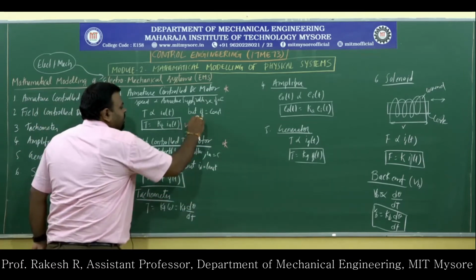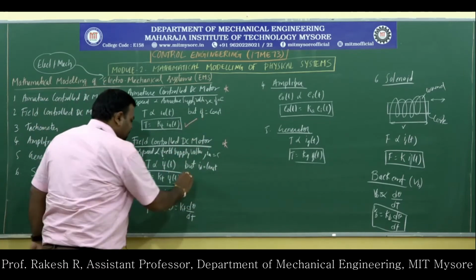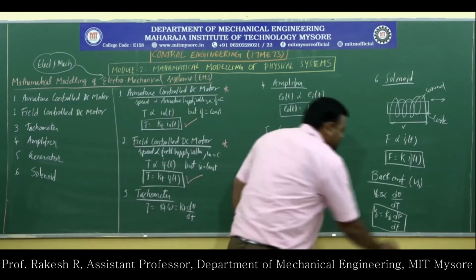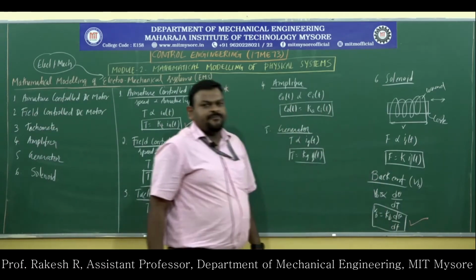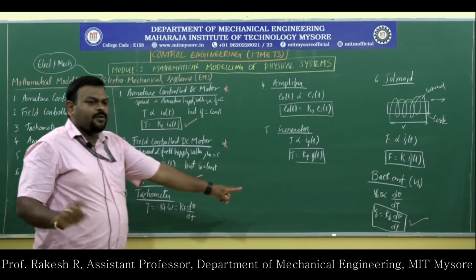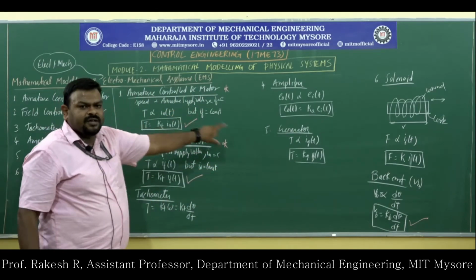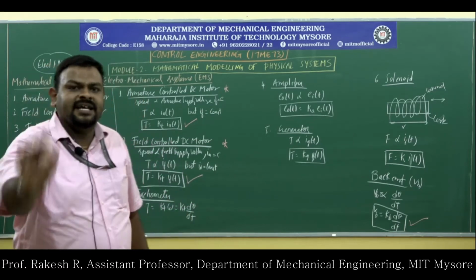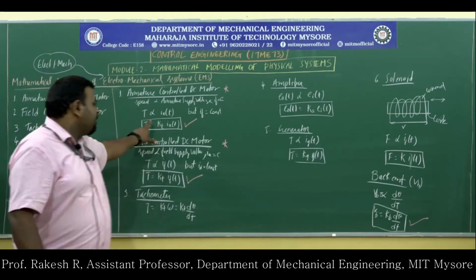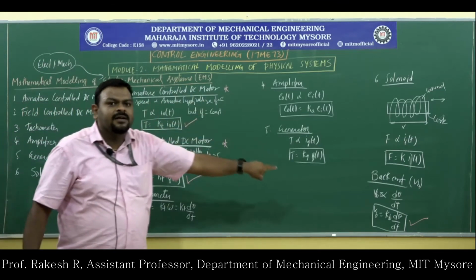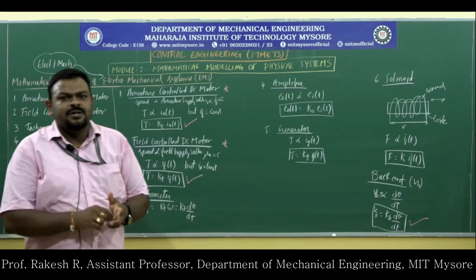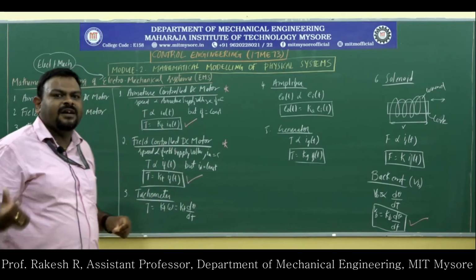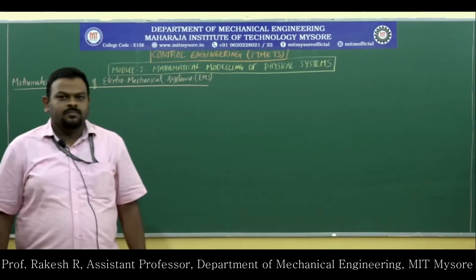You have to remember the torque for the armature controlled DC motor, the torque for the field controlled DC motor, and the back EMF, because the back EMF derivation will be included in the armature controlled DC motor. Derive an expression for armature controlled DC motor considering back EMF. For that you need to remember the torque equation and the back EMF equation. So in the next class we will be doing the armature controlled DC motor and field controlled DC motor.